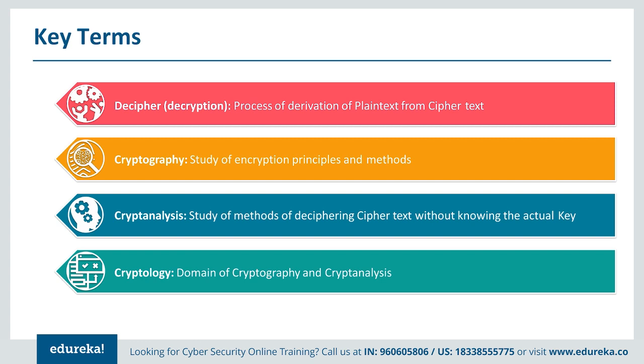They can create a crypto system. But cryptanalysis is the study, and a cryptanalyst is the person who tries to break into the cryptographic algorithm, trying to break the code, trying to break the algorithm, and trying to decipher the encrypted one. And cryptology is a common term. It's like an umbrella under which cryptography and cryptanalysis come. To be simple, cryptography is creating, and cryptanalysis is hacking, attacking, breaking.